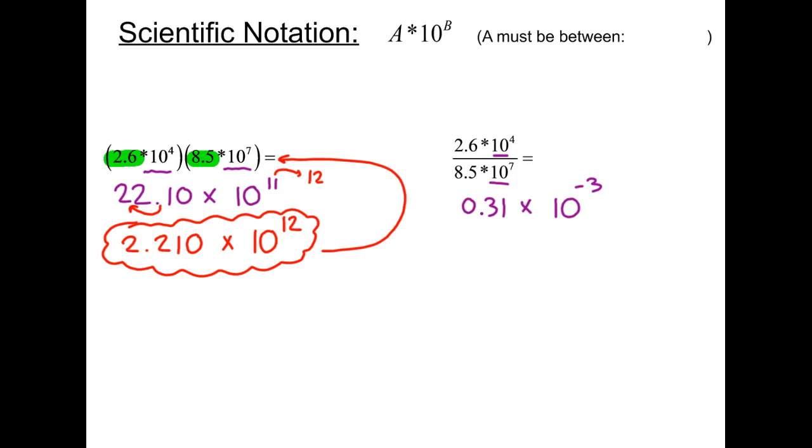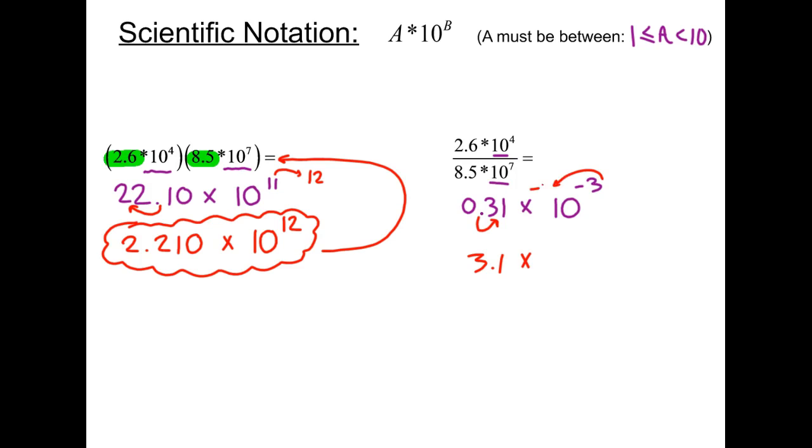So that's okay, but the 0.31 is not a good number because in scientific notation, the A must be between, let's fill in the blank up here, A must be greater than or equal to 1 and less than 10. So that's not greater than or equal to 1, so I have to slide the decimal point over 1 to the right here. So that will now be 3.1 times 10 to the, if I move the decimal 1 to the right and make the number bigger, I have to move this exponent to the left and make it smaller.